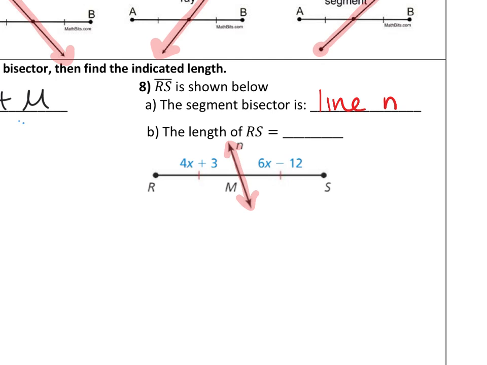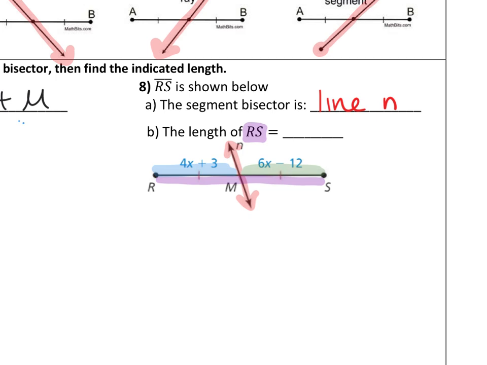So we know again, because this bisects it, cuts it in the middle, the tick marks tell me that, what can we do with these two values to be able to find the full length RS? We know R to M is equal to 4x plus 3, and M to S is equal to 6x minus 12. So if we wanted to use that information to find all of this RS, we're going to do it very similar to what we just did in solving for x, but then apply it differently.